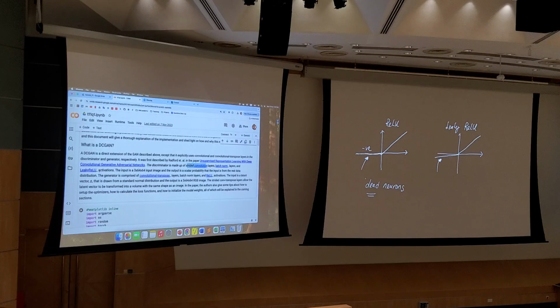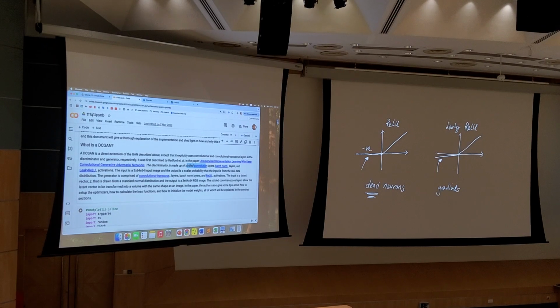That's why if you use this, you've got a risk of having dead neurons. The reason of having a small slope over here is that we allow some small amount of gradient to flow through your neurons, so that you no longer have the dead neurons problem. This is leaky ReLU.